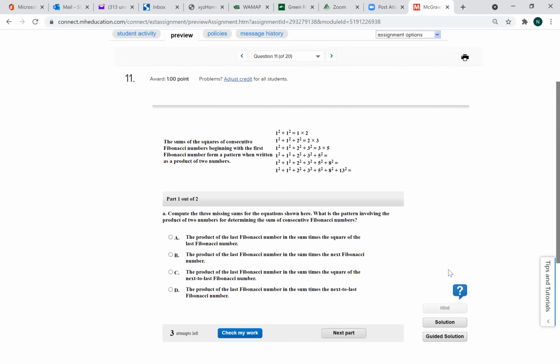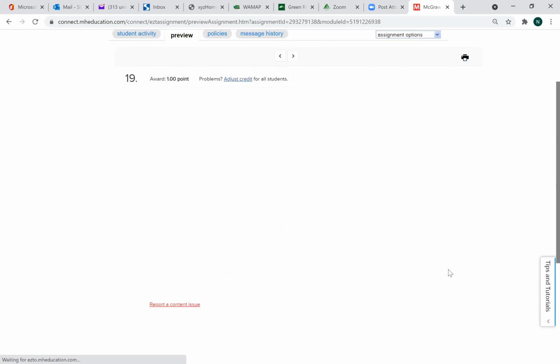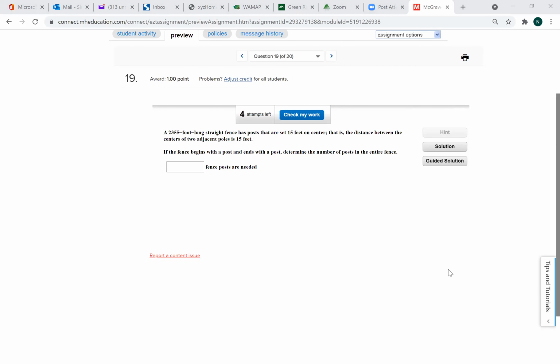Okay, so now we're going to 19. So let's see what 19 says. Oops, I didn't mean to do that. I meant to take it all the way down. Okay, 19 says a 2,355 foot long straight fence has posts that are set 15 feet on center. That is the distance between the centers of two adjacent posts is 15 feet.